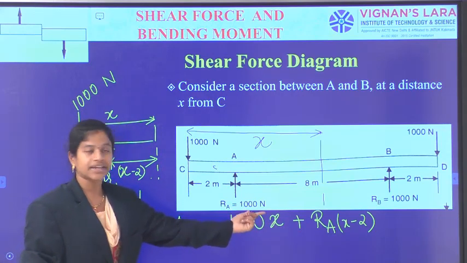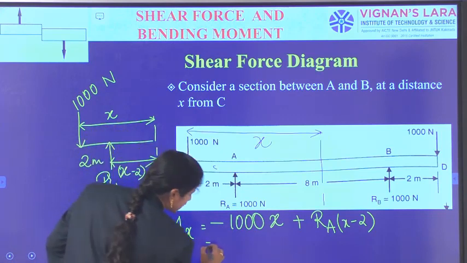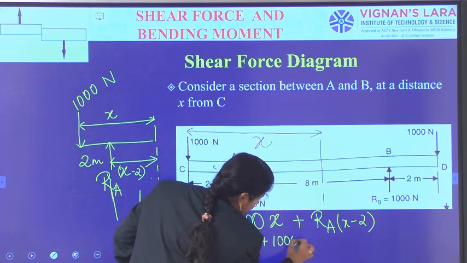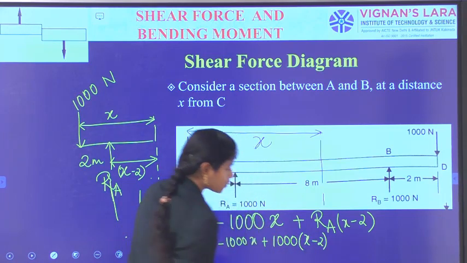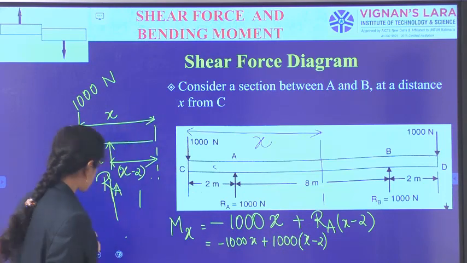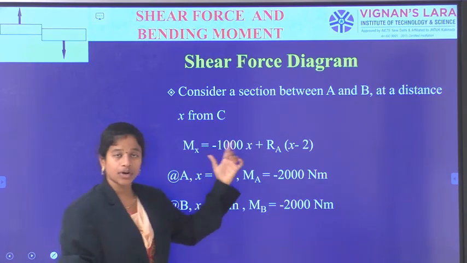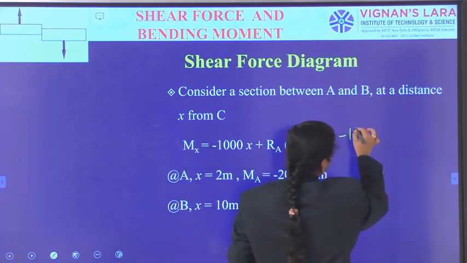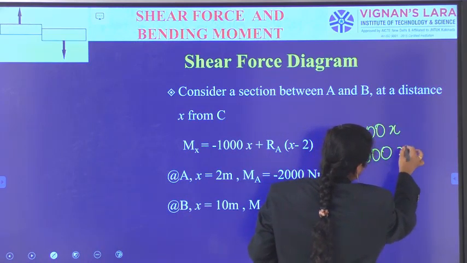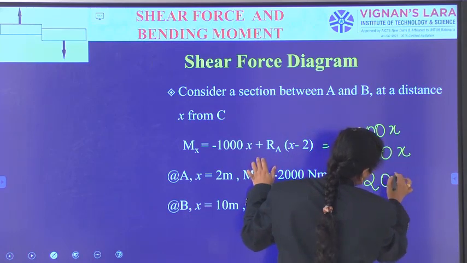As we already know RA is equal to 1000 Newtons, we can write minus 1000x plus 1000 into x minus 2. So with the multiplication, minus 1000x plus 1000x and minus 2000.